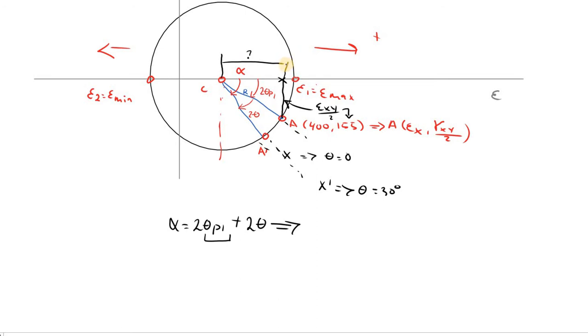So how can we figure that out? Well, we know the distance between the reference point and the axis out here. So that's our 400. But we also know the distance between the center of the circle and the shear axis, which is just the shear strain average.